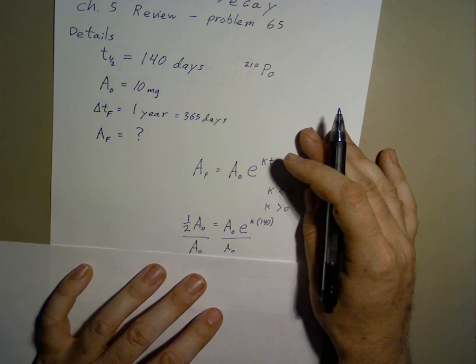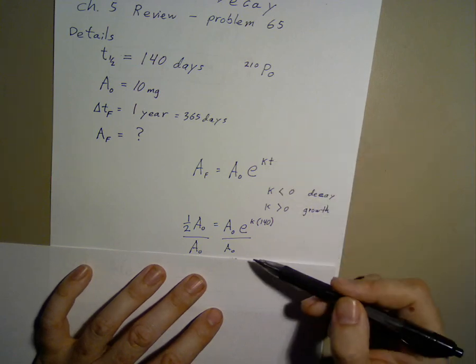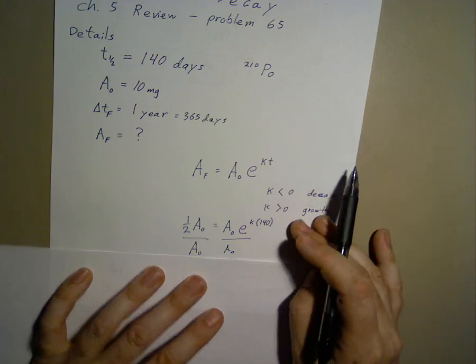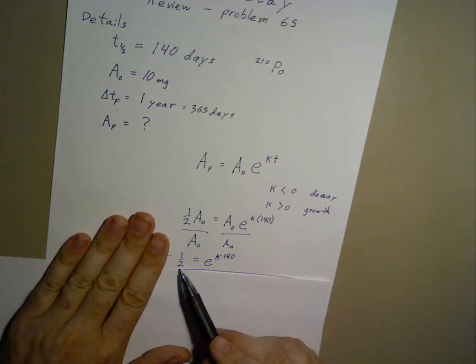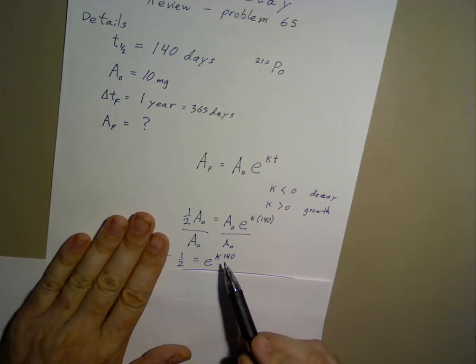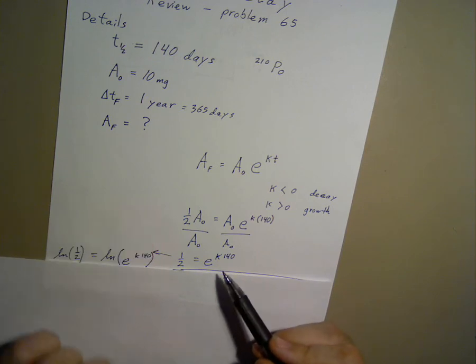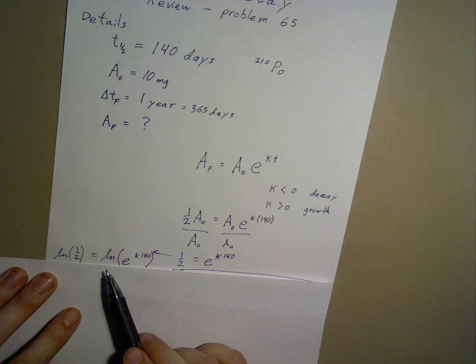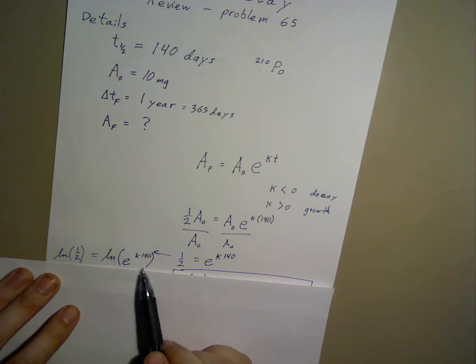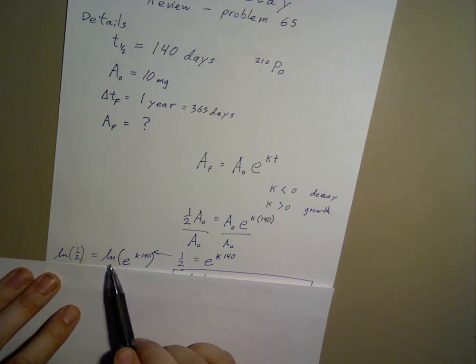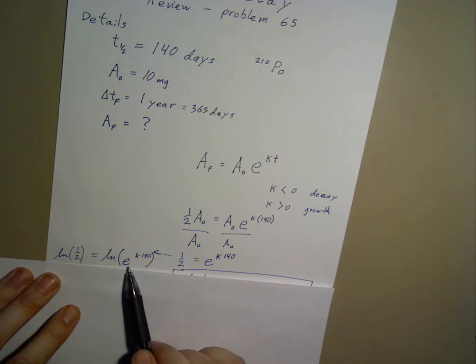So if I divide both sides by A naught, then we get 1/2 equals e to the power of k times 114. If I next take the natural logarithm of both sides, then we can simplify the right side, because the logarithm and the exponential are inverse functions of each other.